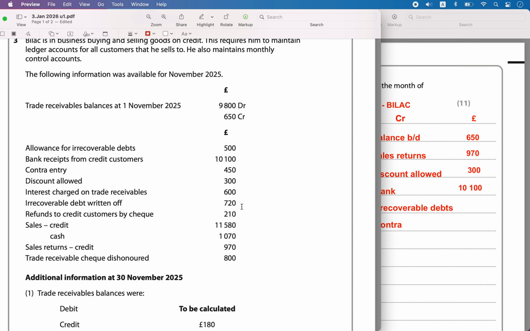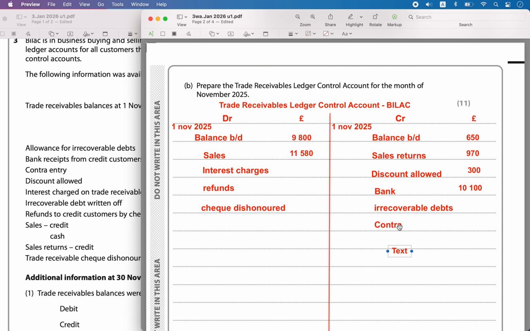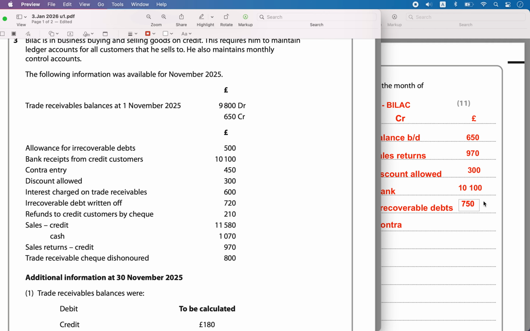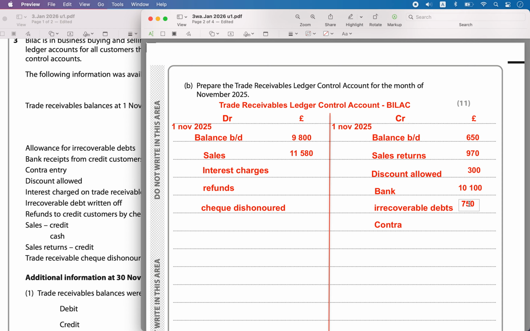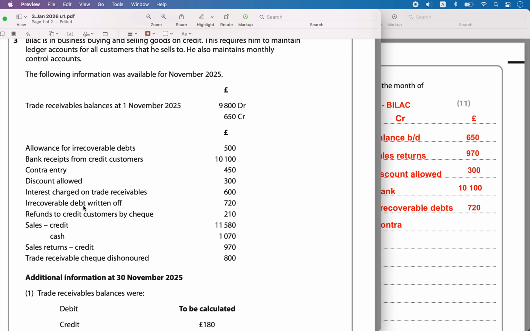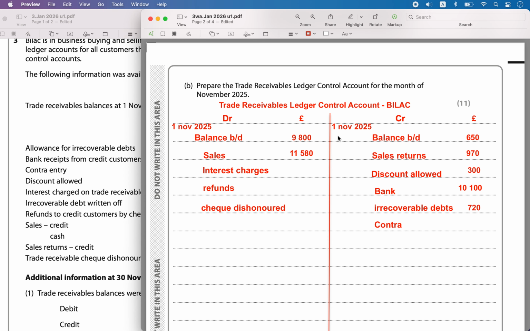Then you have the irrecoverable debt written off, which is 720. Then you have the contra entry, which is 450.